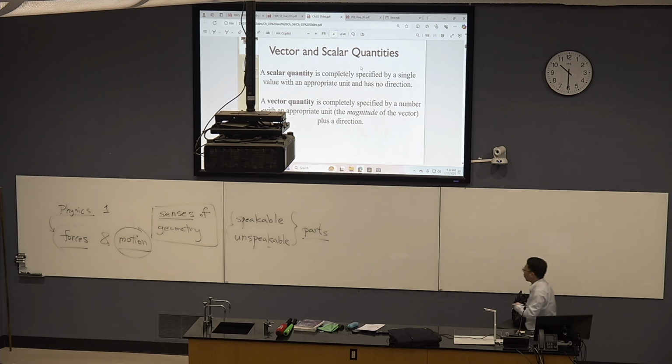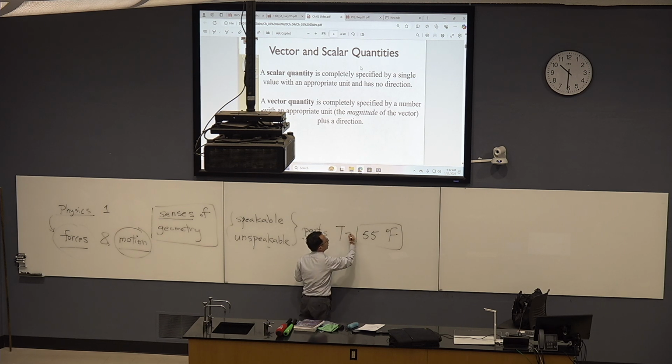For example, consider the temperature for today, let's say it's 55 Fahrenheit. Let's say temperature, we call it T, 55 Fahrenheit. This physical quantity is called a scalar quantity. It only consists of a number and a unit.